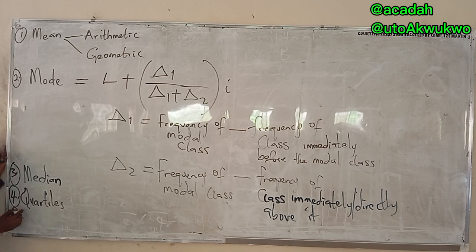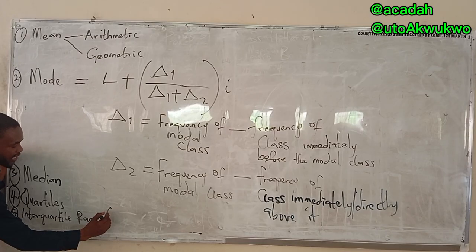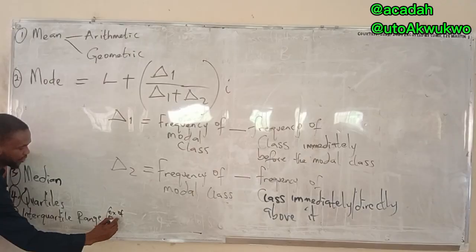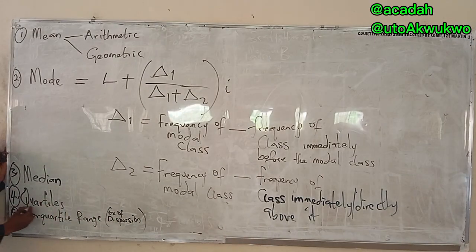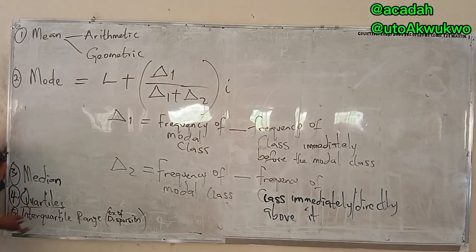So when you write interquartile range, open bracket and write example of dispersion. Don't think difference in quartiles is under measure of location. Any of the major things that involve differences are under dispersion. I just want to put it here because it has to do with quartile. What quartile is, I'll explain.